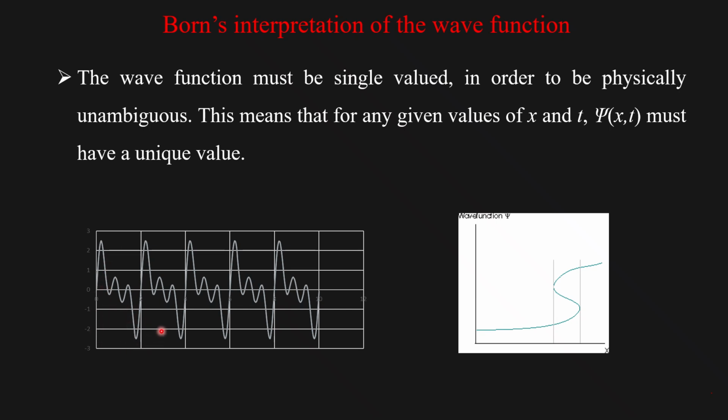This is the wave function; if you take the wave function at any place, it will be unambiguous, that is, single valued. So this wave function is the correct one. What about the next one? Here you have a wave function with two values. It is not single valued: here one value and here one value, and at point P you have here one value and here one value. So this is not a valid wave function. Then we will move on to further properties.